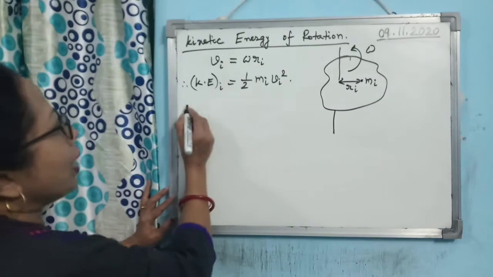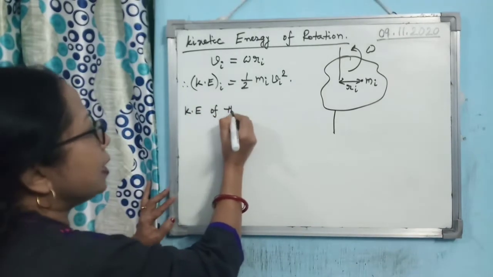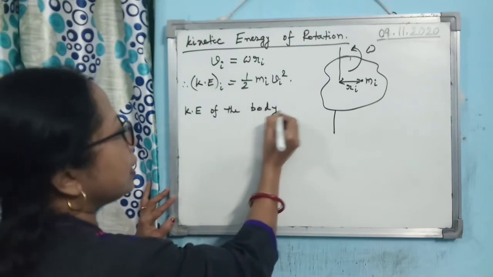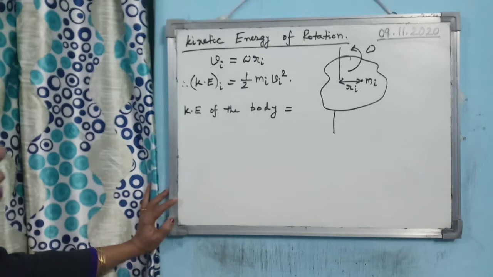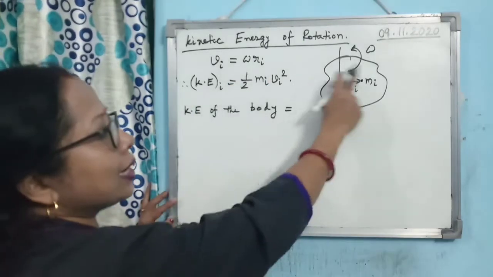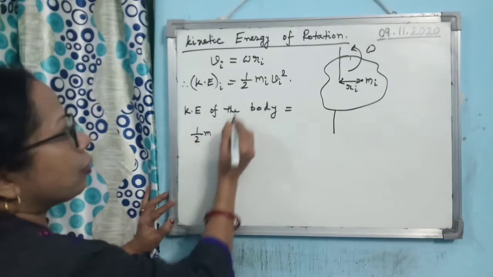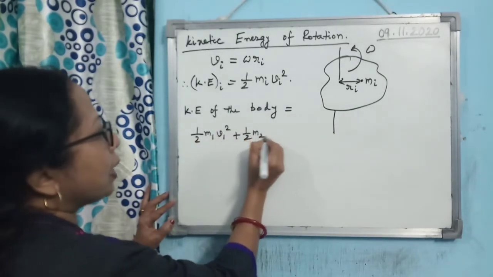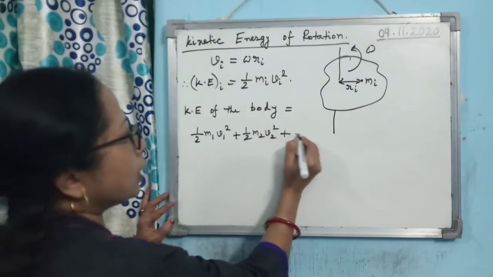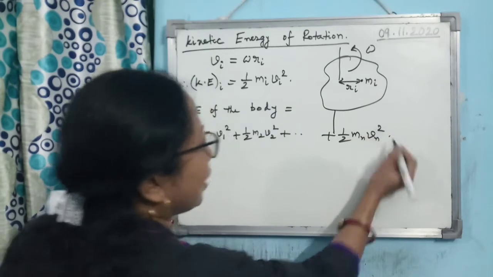So what will be the total kinetic energy of the body? Kinetic energy is a scalar quantity, so you have to add the kinetic energy of each particle. You can write it like this: for the first particle half m_1 v_1 square, for the second particle half m_2 v_2 square, like that up to half m_n v_n square.